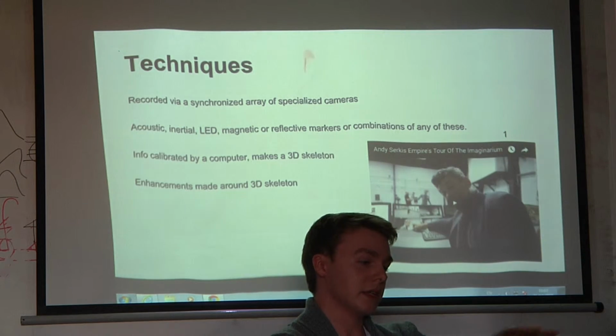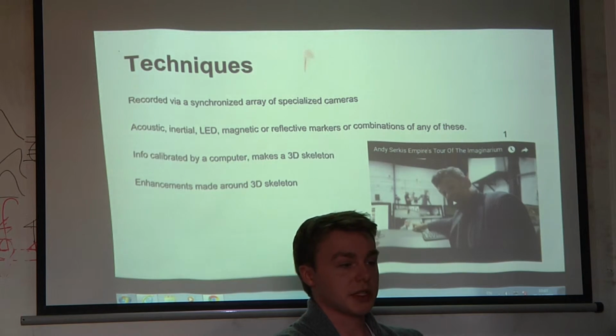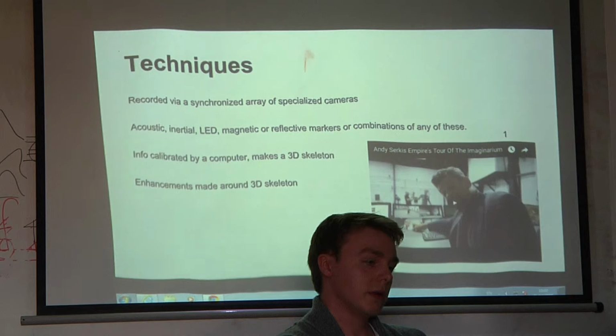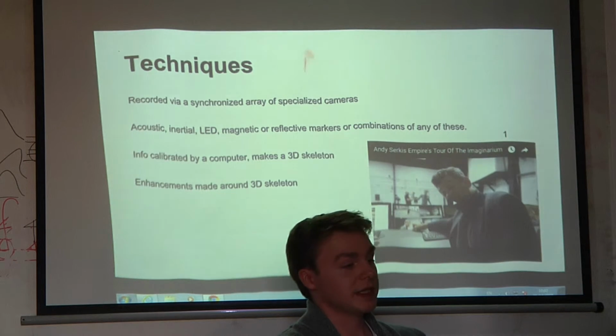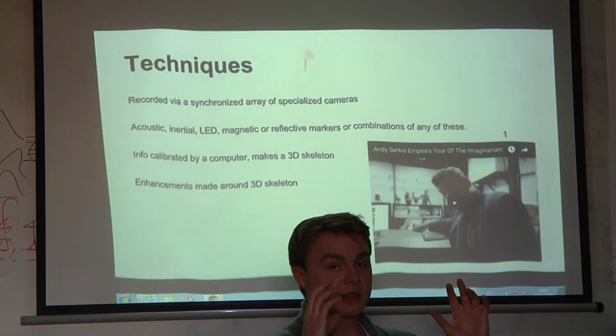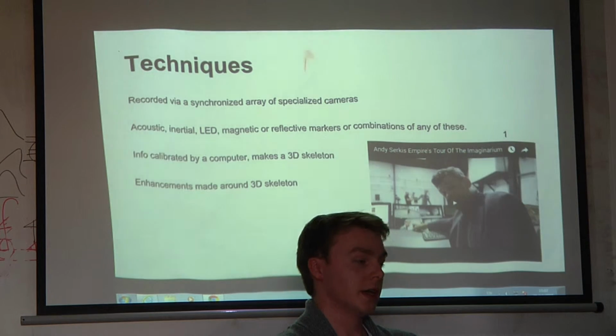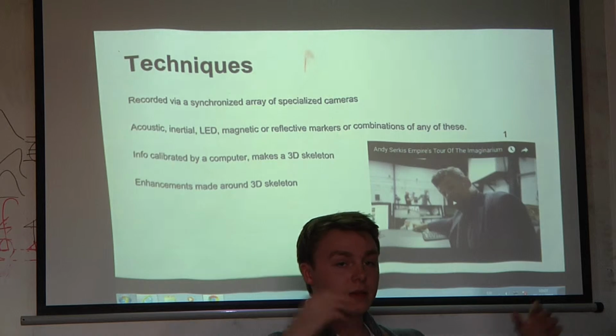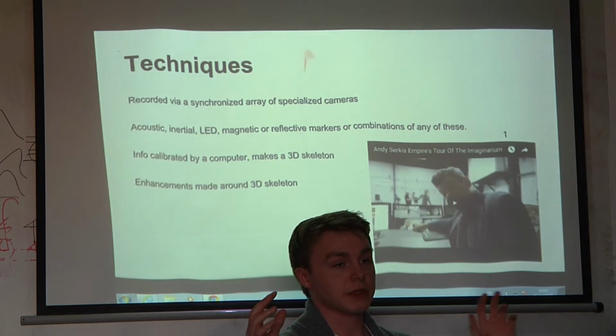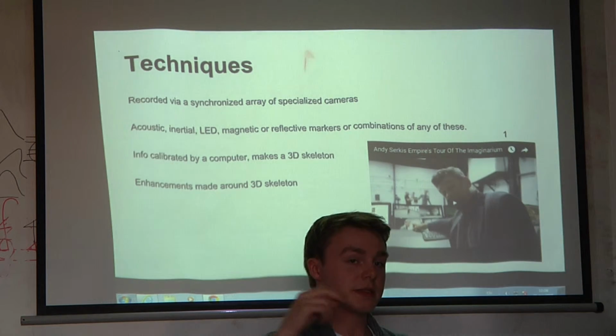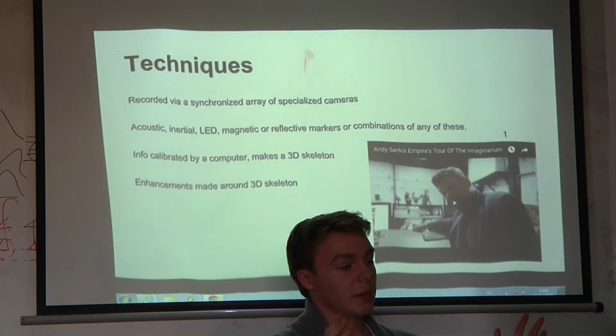You can have a look at it, and I have a little video here with Andy Serkis explaining the Imaginarium. Basically, the camera then sends that data to a computer, which makes a 3D skeleton of the movement, because it knows where each individual dot is. It can then figure out where everything else is, and a 3D skeleton is made.